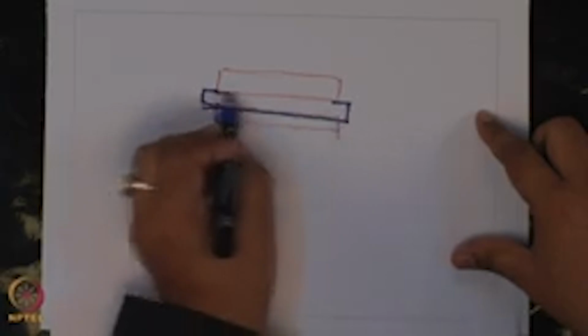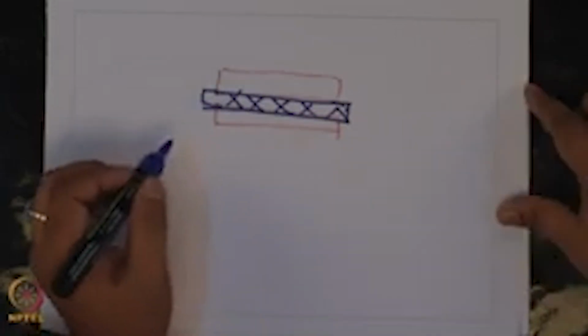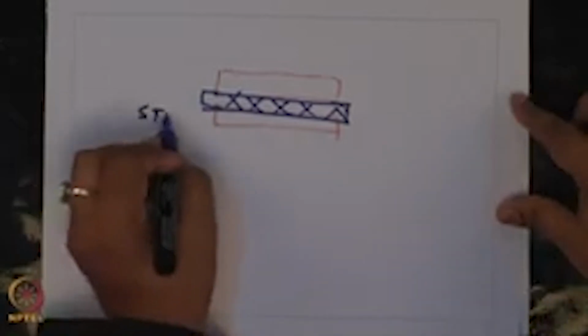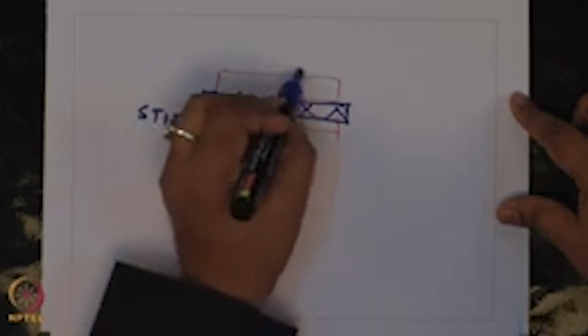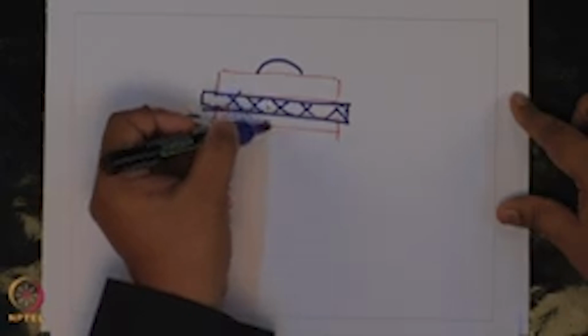If I have a gel on two sides and I put something in between which is very stiff, the cell which is sitting here might be able to sense what is sitting there or down there.